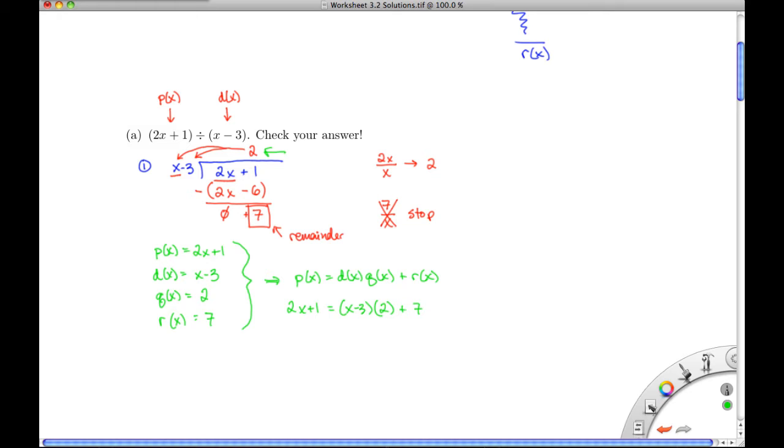So this is telling us that an equivalent expression for 2x plus 1 would be this right here.